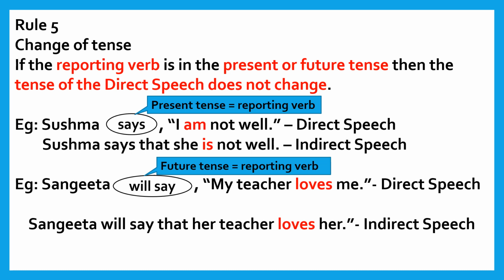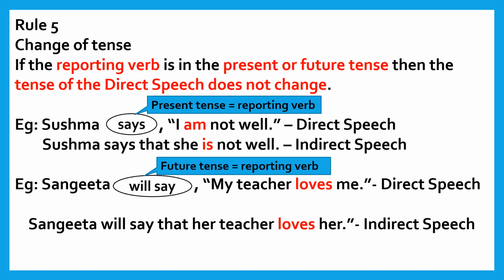The reporting verb says is in the present tense. Hence, when we change the sentence into indirect speech, there will be no change in the tense of the sentence. Sushma says that she is not well will be the sentence in the indirect speech.